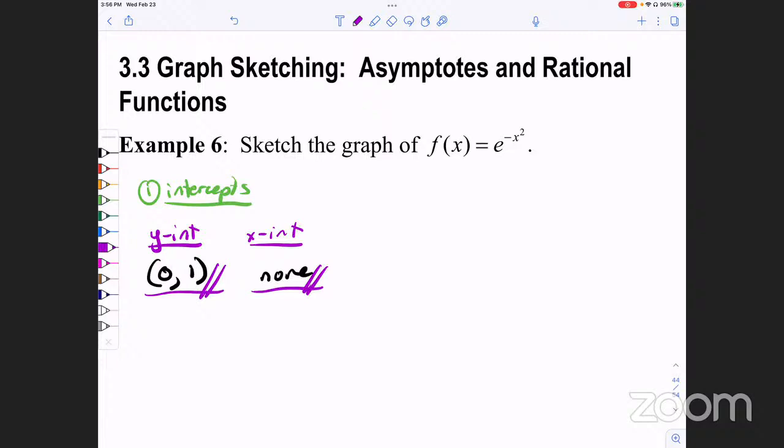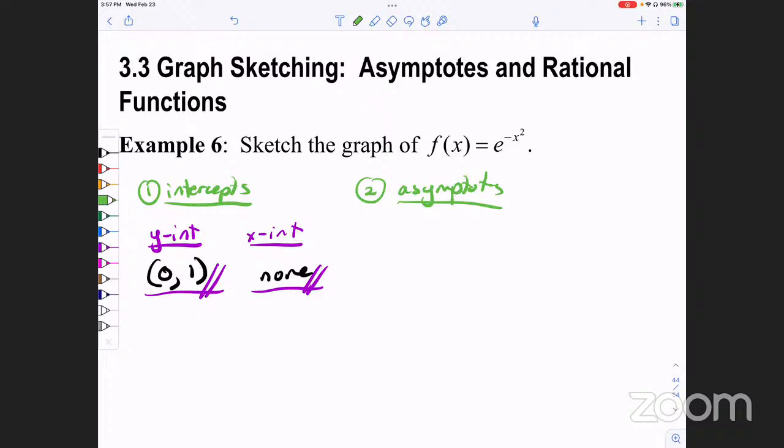So then previously, when we found the x-intercept, then we talked about any asymptotes. So let's talk about any asymptotes. Okay, so since we're dealing with exponential, there should be no vertical asymptote.